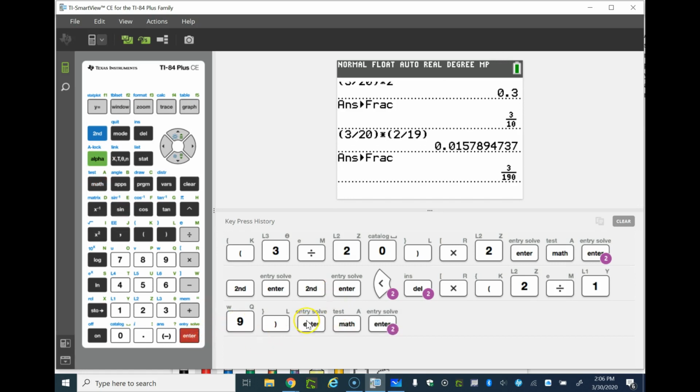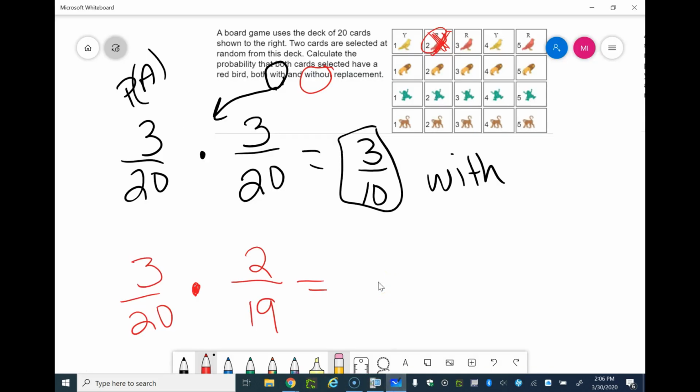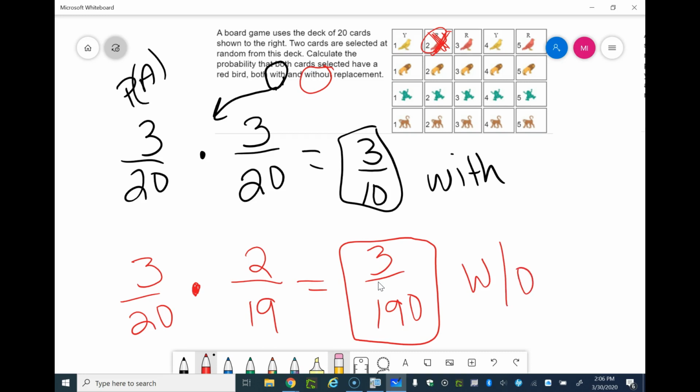And we get 3 over 190. And this is without replacement.